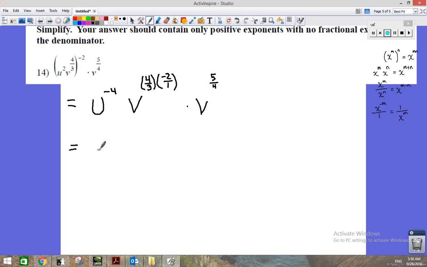Alright, so step by step, let's keep this negative for now. Let's multiply these two fractions together. The positive 4 times a negative 2 is a negative 8, and 3 times 1 is just 3. So now I have this v to the 5/4.